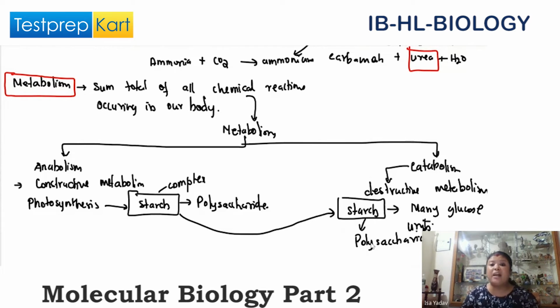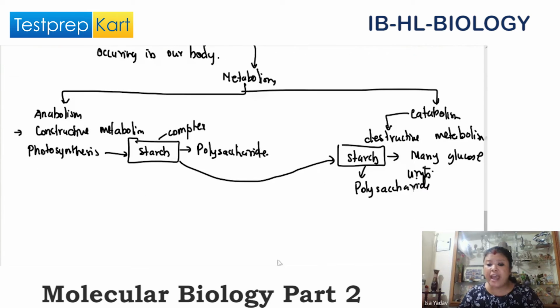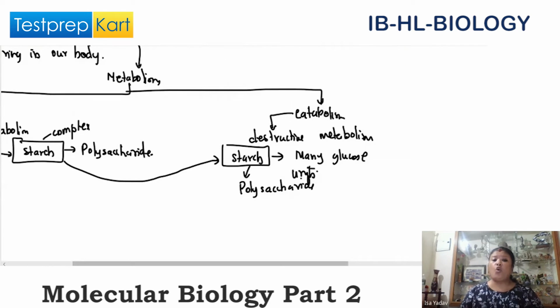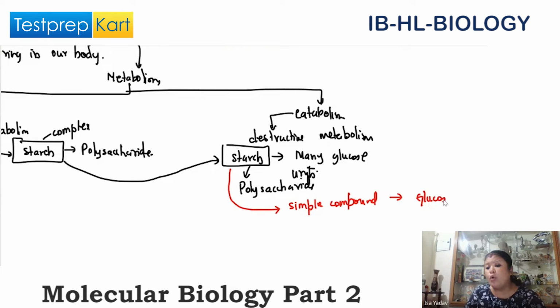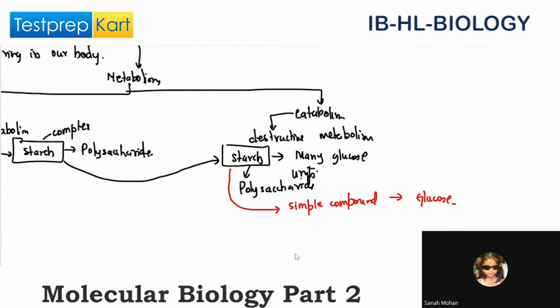Because of digestion and digestive juices, the complex starch will break down into simple compounds that can be utilized. For example, starch is converted back to glucose. So this is catabolism.